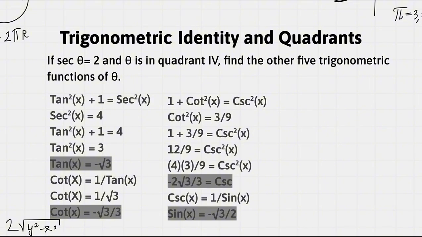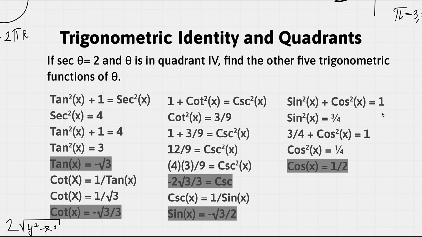When we look at cosecant, we can find sine, since cosecant is 1 over sine. If we flip it, we get sine of x equals square root 3 over 2. And it's negative because sine is always going to be negative in quadrant 4. Then using sine, we can find cosine, which is our last one we have to find.